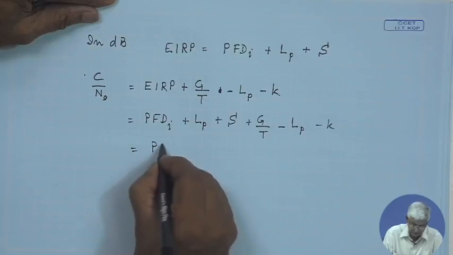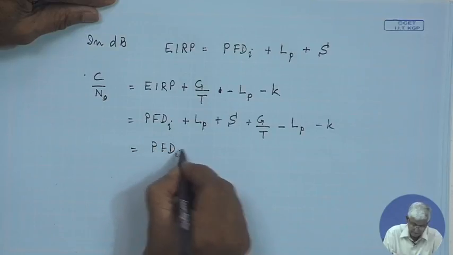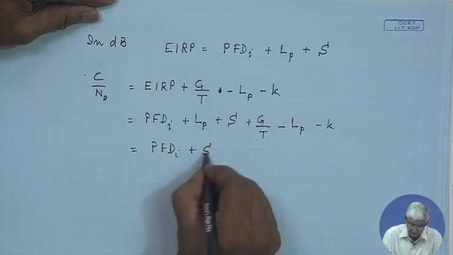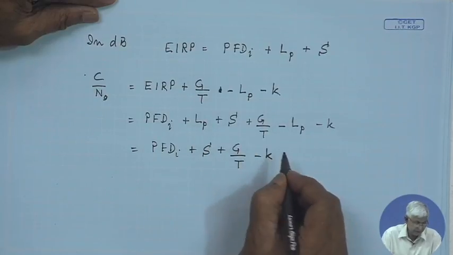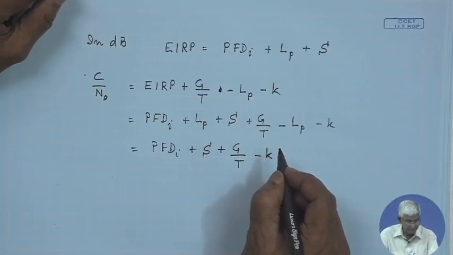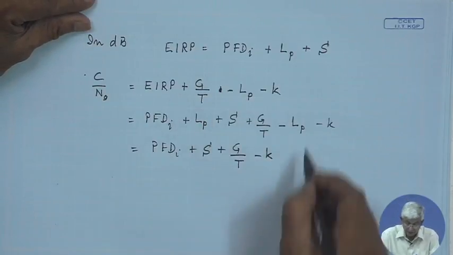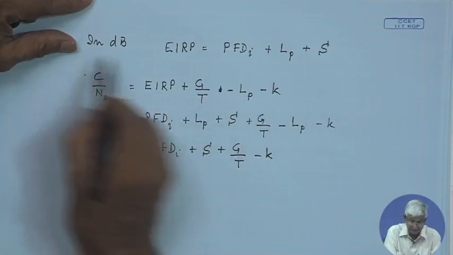So, the remaining terms are PFD input plus S plus G by T minus K. These are all in dB.